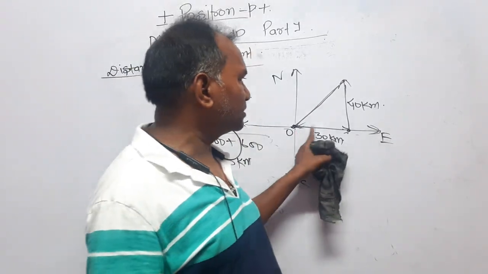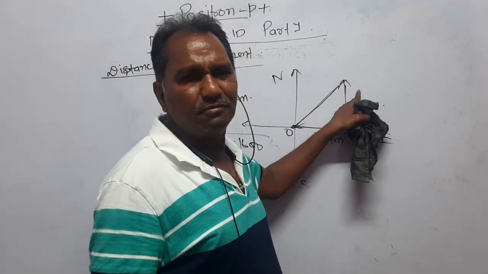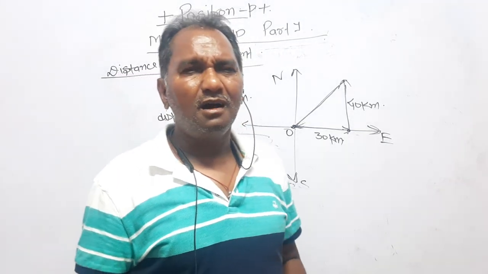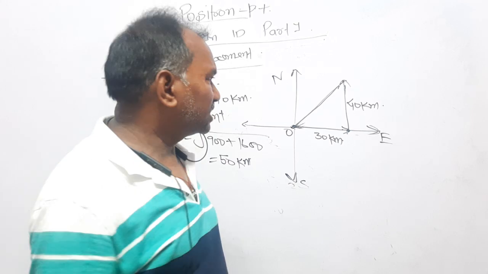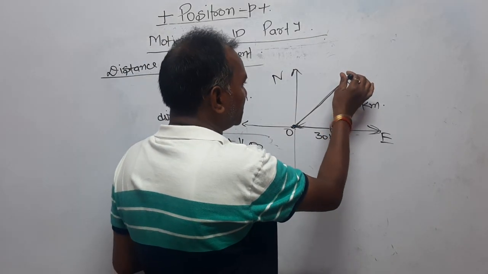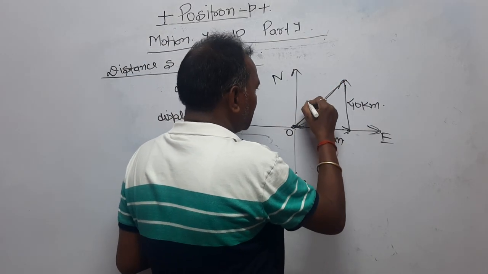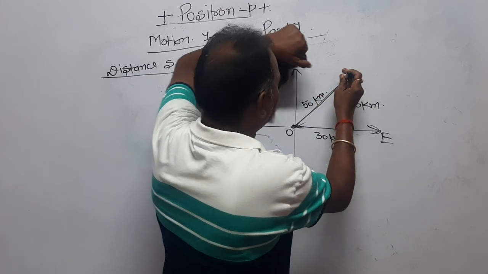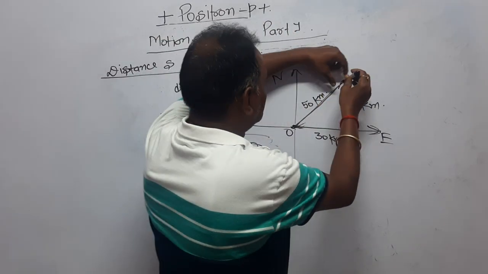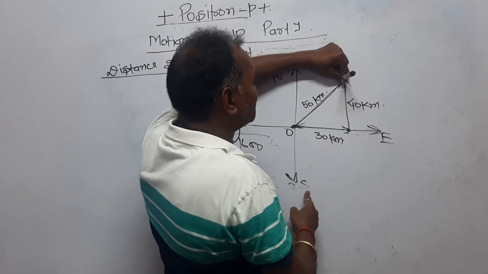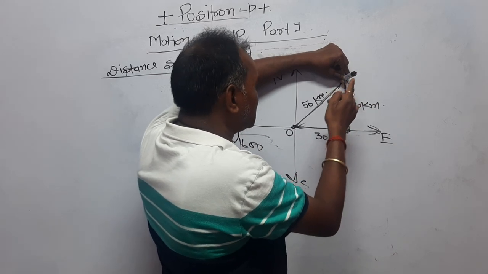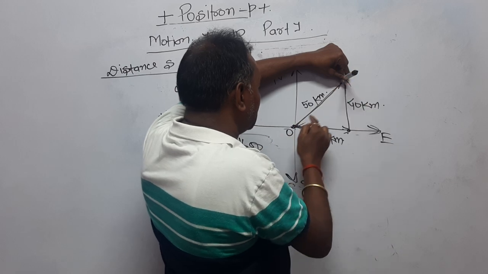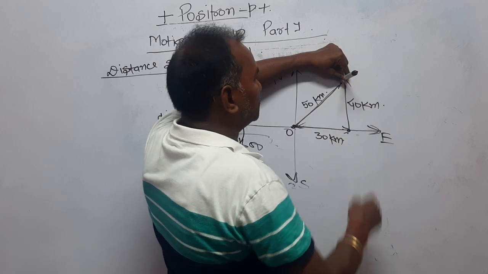Body moves 30 kilometer east, then 40 kilometer north, afterwards 50 kilometer upward in vertical plane. Already you have found out this one is 50 kilometer, and now 50 kilometer is that much. Then what will happen? Just draw a line meeting this point O and let it be C, whatever it may be.